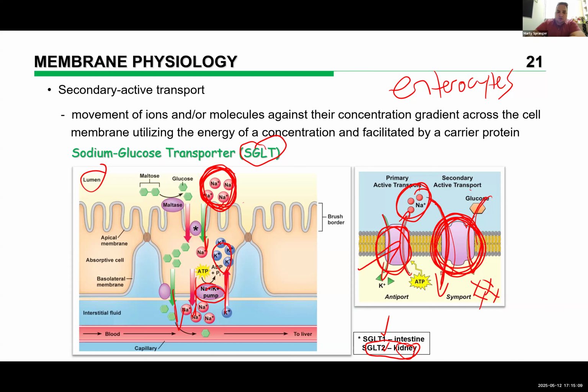Well, if you got more glucose in the cell than the outside, then glucose can't come in by itself because that would be moving against its concentration gradient. So it needs an energy source to come in if you want to move it against its concentration gradient. So sodium is the energy. You got it. Okay, all right, thank you. Indeed.